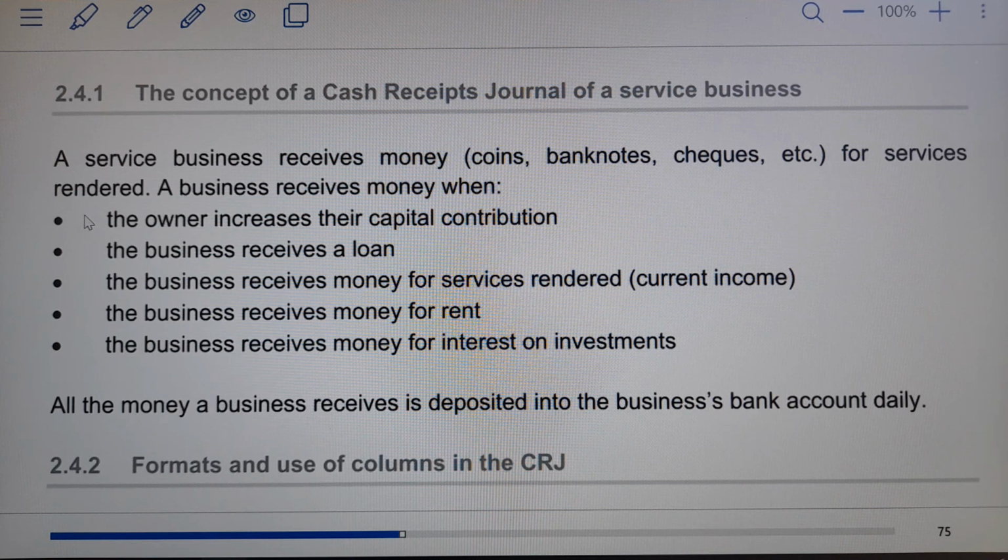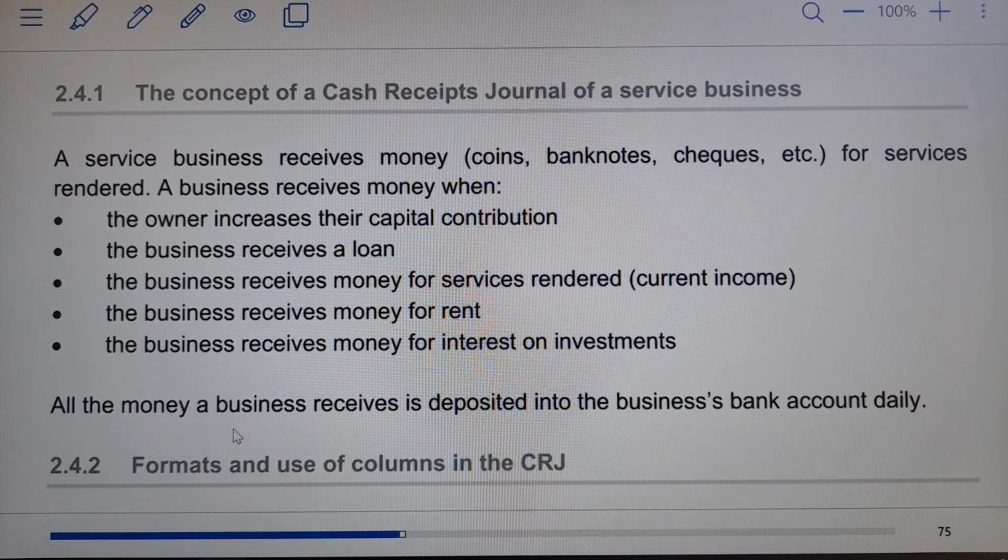So the business can receive money in 5 different ways. Number 1 is from the owner. Number 2 is from a loan. Number 3 is from the services rendered. Number 4 is from rent. And number 5 is from interest on investment.